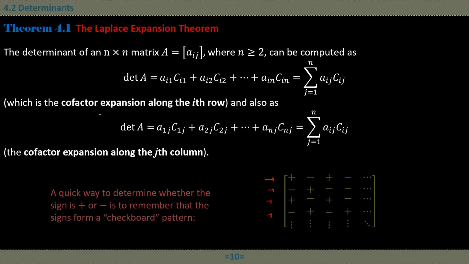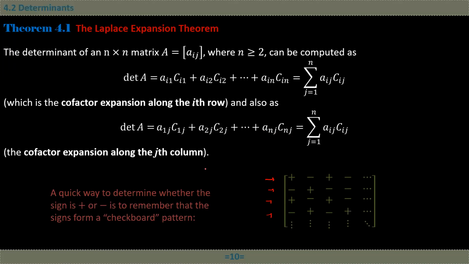Which is the cofactor expansion along the ith row. We're just computing the determinant by cofactor expansion along the ith row. And also, determinant of A equals A1j C1j plus A2j C2j, and so on. Here the column is not changing, right? But here the rows are changing. So that is the cofactor expansion along the jth column.